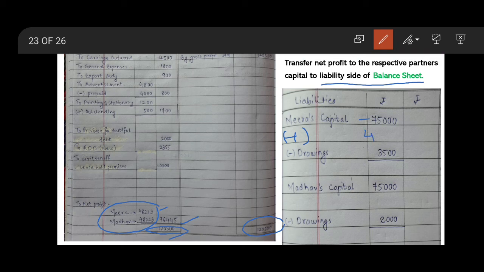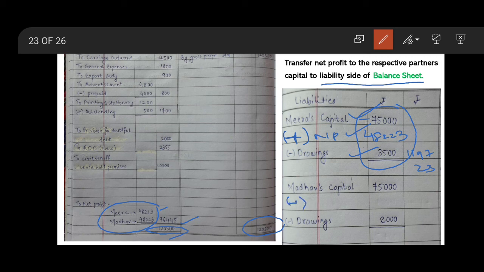So write in the inner column 48223. Now action to be done on this: 75,000, add net profit, add it, and then deduct 3,500 in this. So you will get 119,723.